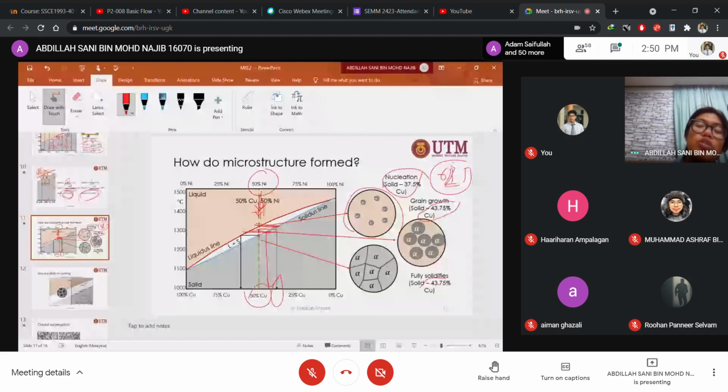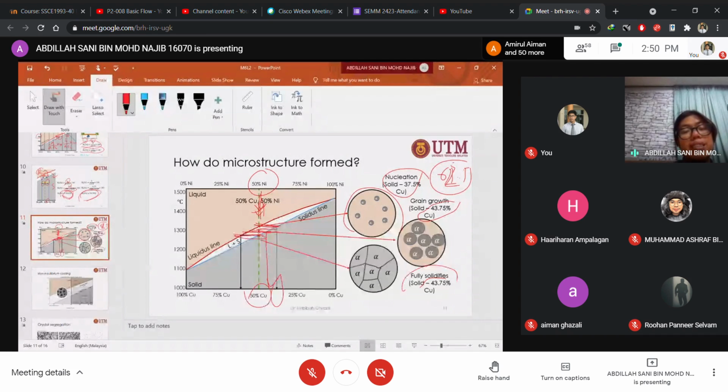All right, so when you reach full solidification, this is the point, and then you draw the tie line, connecting the solidus and liquidus line.